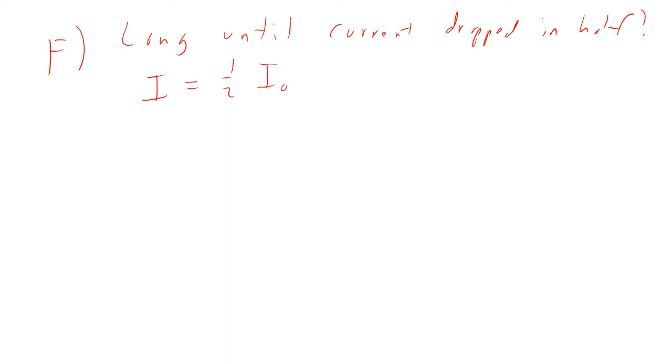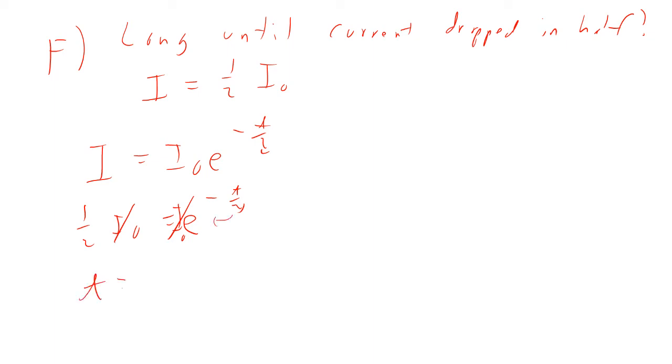Well, as the current's dropping, we know the equation is I equals I naught e to the minus t over tau. So 1/2 I naught equals I naught e to the minus t over tau. The I naughts cancel, so take the natural logarithm of both sides and bring the tau across. And so that would tell us that t equals minus tau natural log of 1/2.